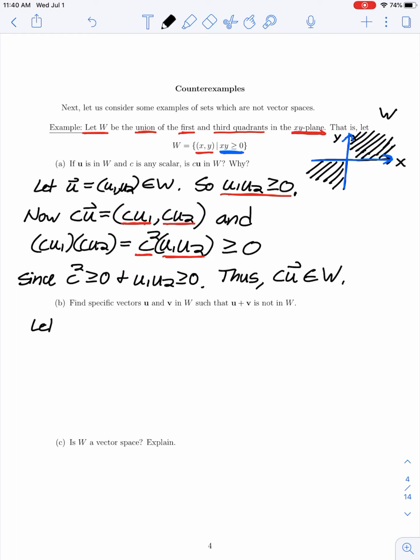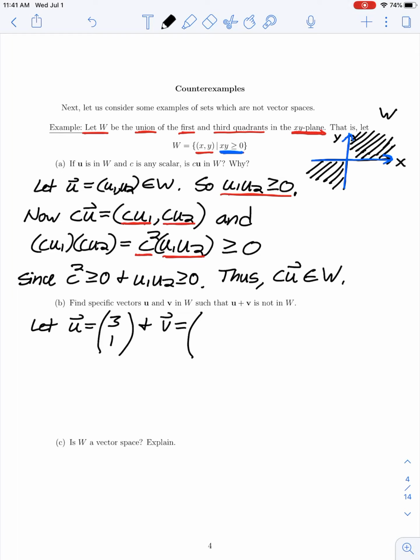There are many examples we could consider. As one possible example, we could consider a vector u, say (3, 1), which lies in the first quadrant. I'm trying to find vectors such that the sum would not lie in the first or the third quadrant. So I want one of my components in this sum to be positive and the other to be negative.